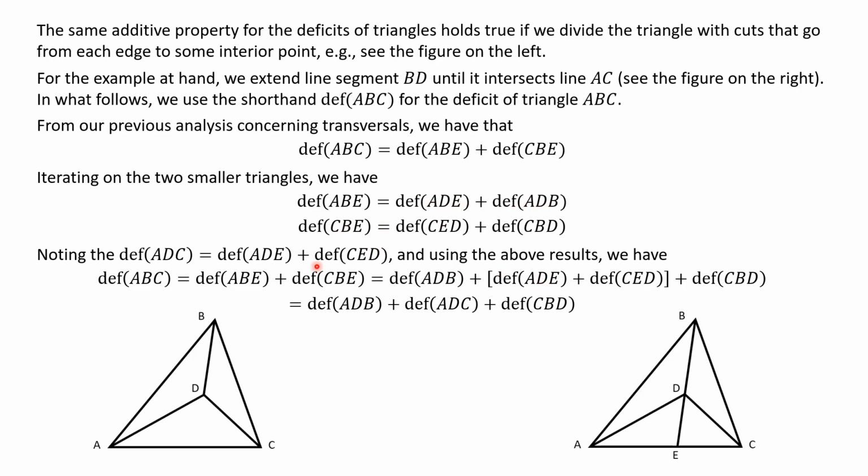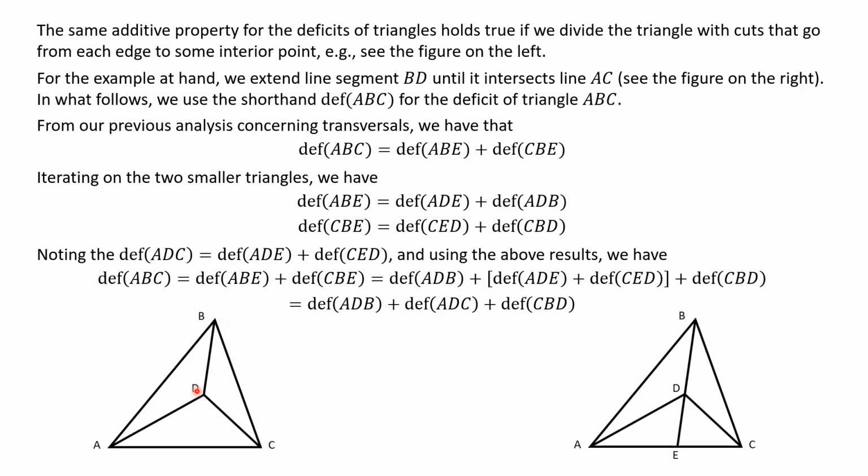And then we plug in for the deficit of CBE, this here. And we group these two together because of this identity we noticed over here. And then we just plug that in and we get the deficit of ABC equals the deficit of ADB, plus the deficit of ADC, plus the deficit of CDB.